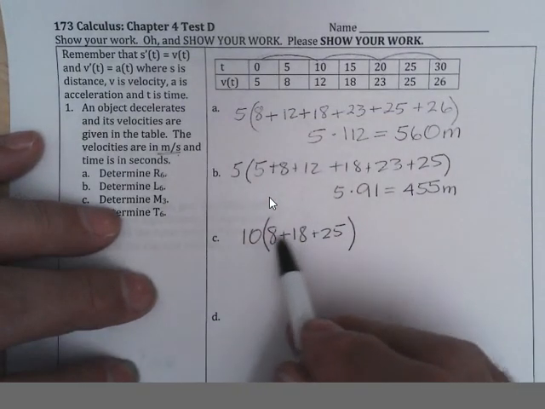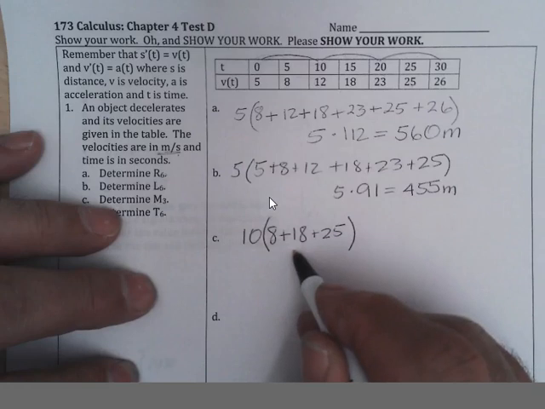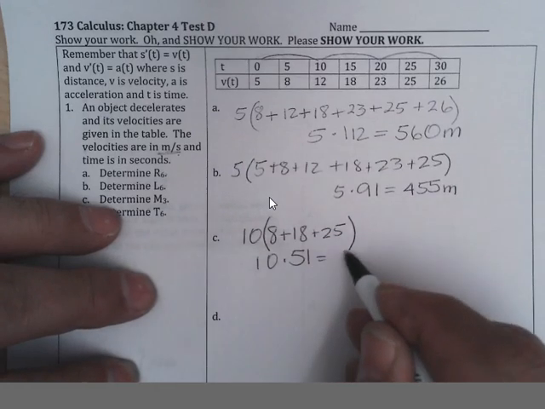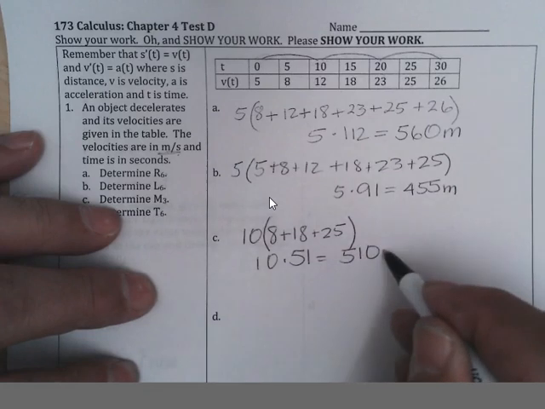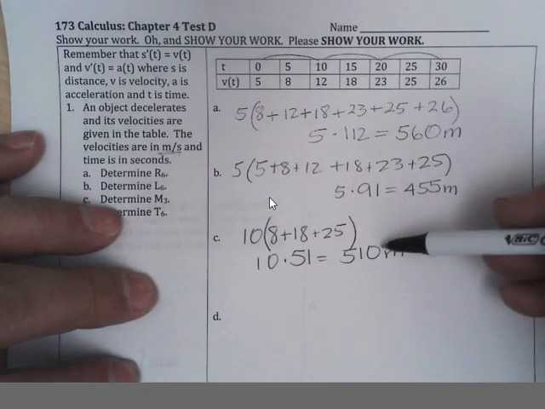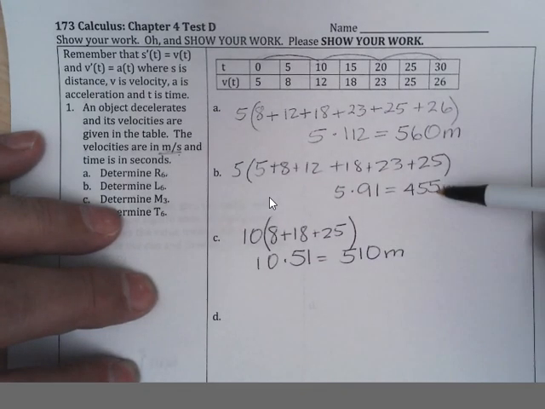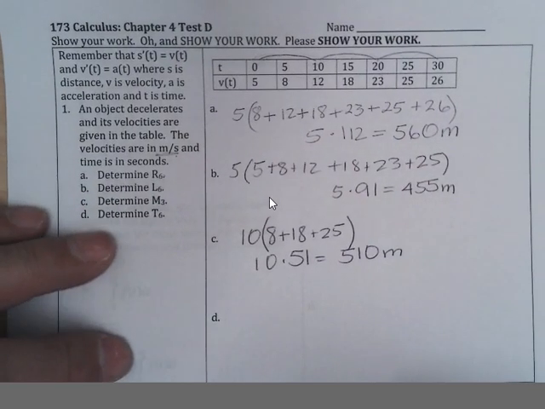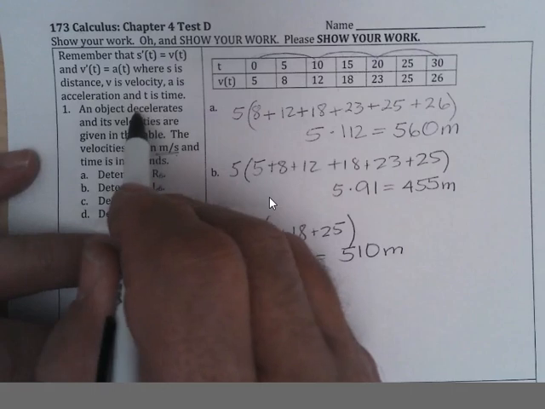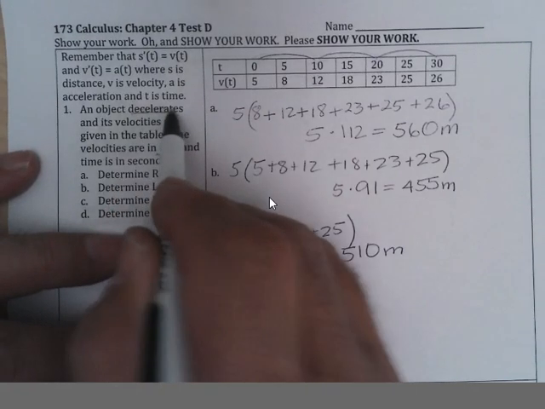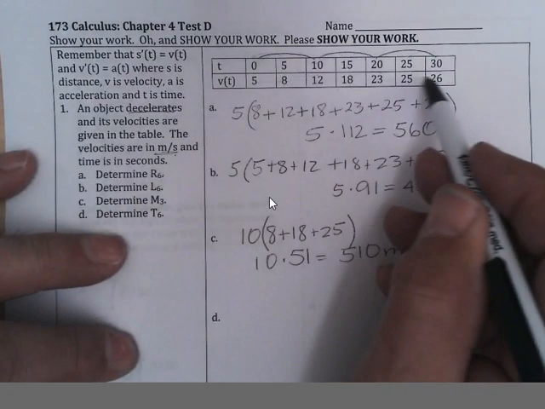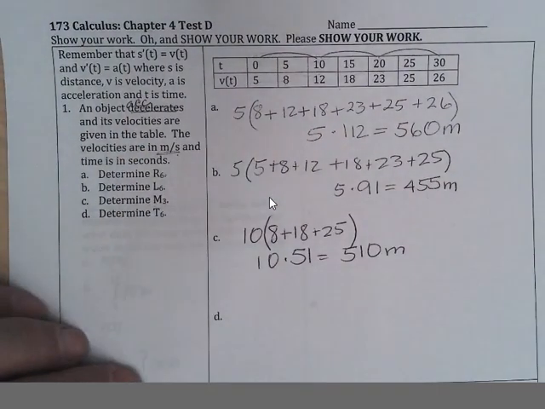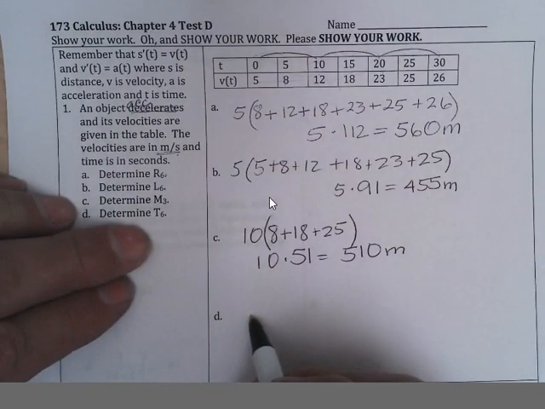So 18 plus 8 is 26, and 25 is 51, times 10 is 510 meters. And that's somewhere between these two, and midpoint should be between those two. And I forgot to say, this says decelerate, but this is actually acceleration. It's going faster. So acceleration. Got a typo there.